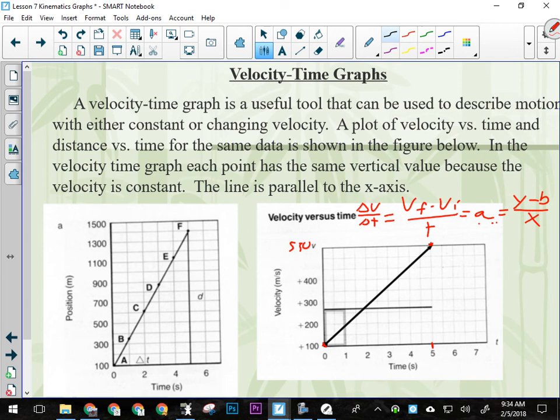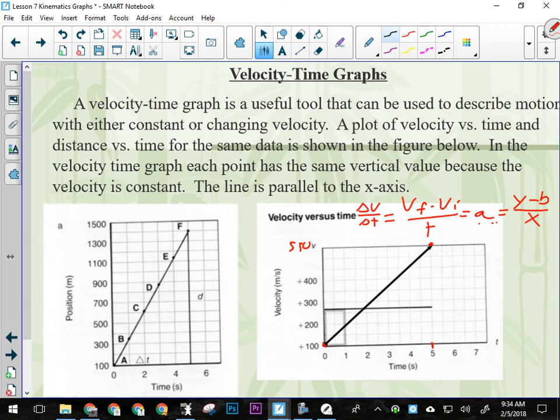V equals d over t and a equals v over t are both variations on the slope formula from different graphs. Since this graph is showing velocity on the y-axis, y minus b is final velocity minus initial velocity. X is time. Time's on the x-axis. That's where that formula comes from. So even though you didn't know it when you were using that formula in Science 10, you were really calculating the slope of a line on a velocity versus time graph every time you used it.